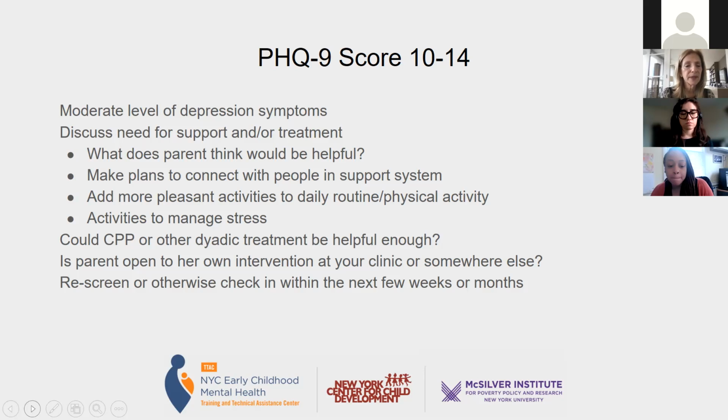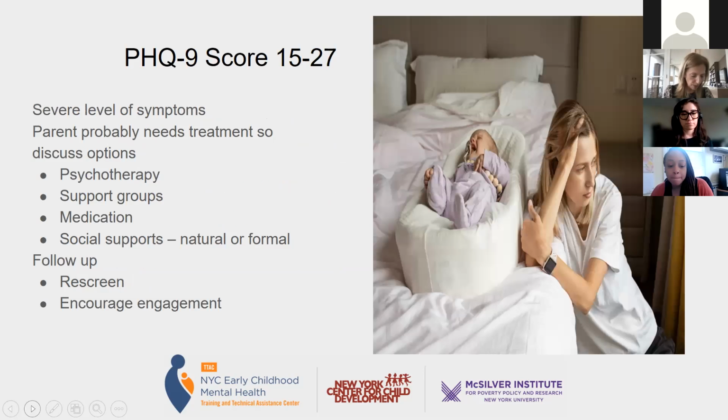Because we know that those dyadic treatments do impact parents' mood and do decrease depression. But is the parent open to their own intervention, either at your clinic or somewhere else? And then yes, rescreen or otherwise check in with the parent with scores in this range over the next few weeks or months.